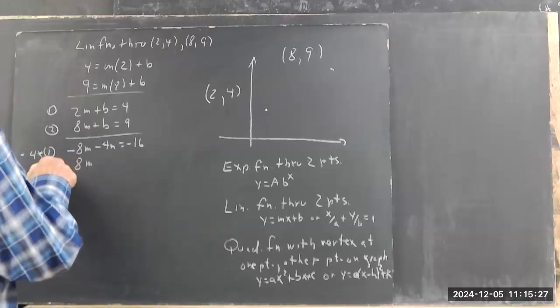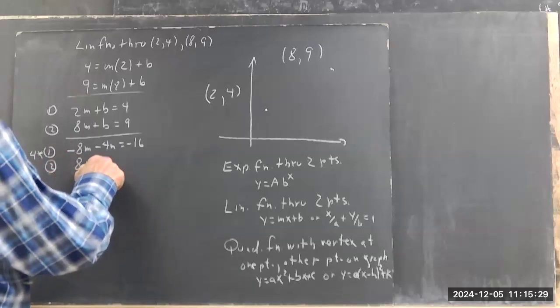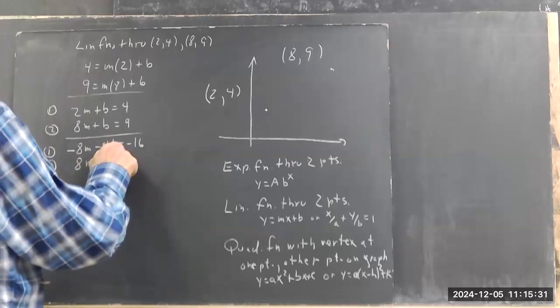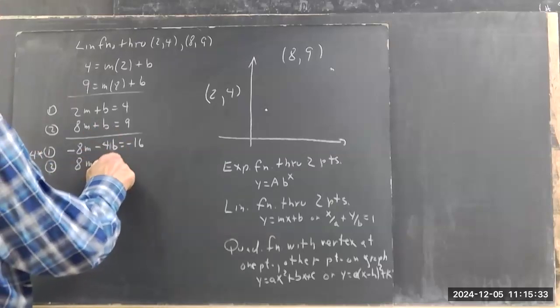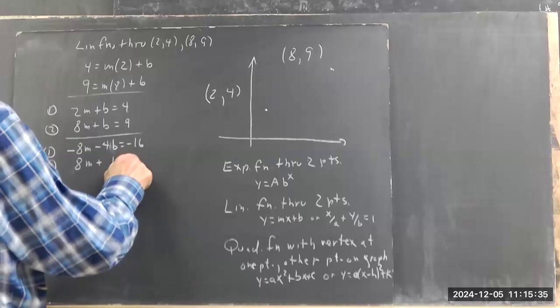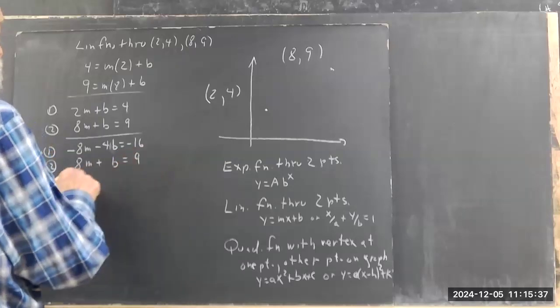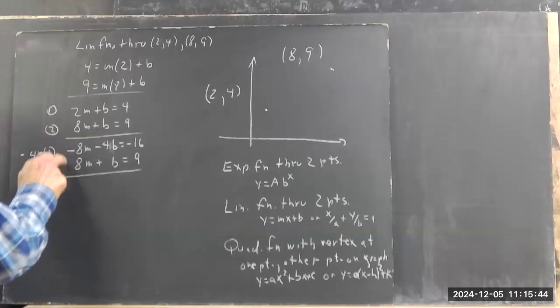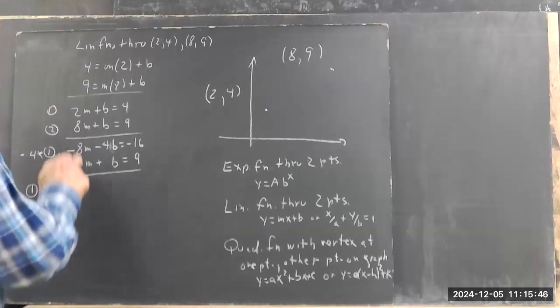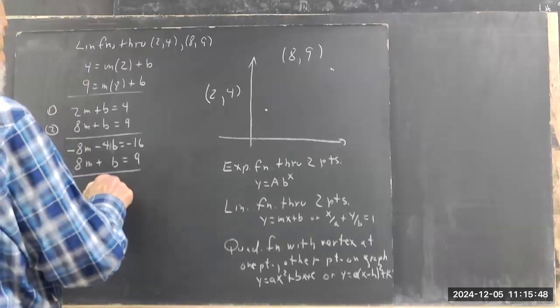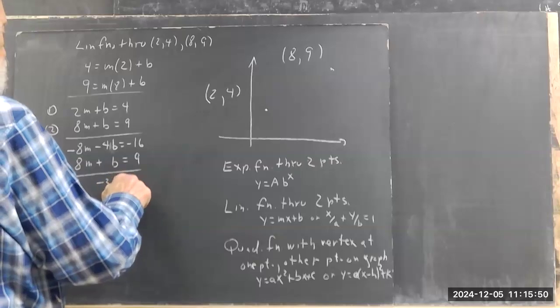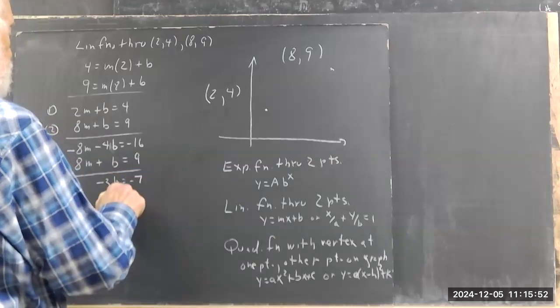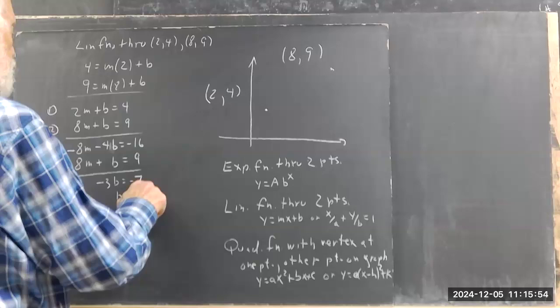The second equation remains as it is: 8m plus b equals 9. We add the first equation from the previous step to the second equation. The m's go away and we get negative 3b equals negative 7, so that b equals negative 7/3.